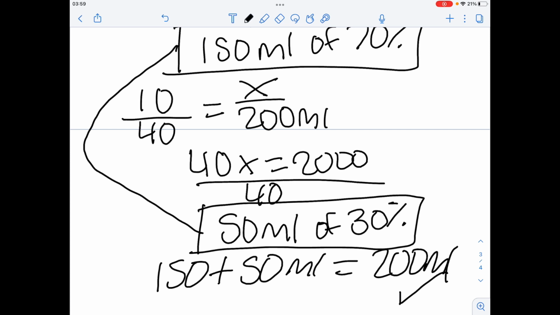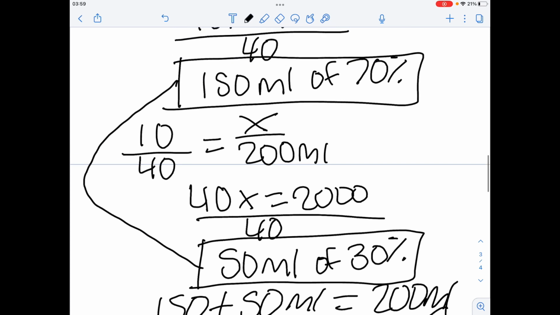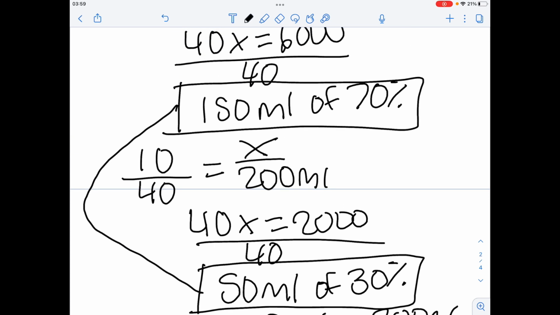So if you're running short on time on the CERT test, that's one way you could do this. If you need to find both values, you could always subtract whatever value you do find from the total, and that would give you your other value. Let's say we just found that 150 milliliters of 70% is what we need, and we don't have time to calculate the 30%.